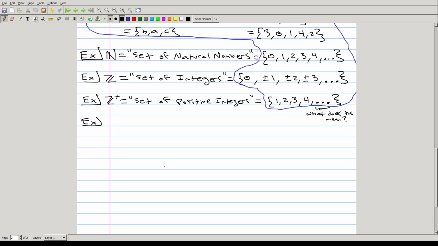In this next example, I will give you a direct way of writing down sets using set builder notation. So I write down the set of p in Z such that p is divisible by 2.